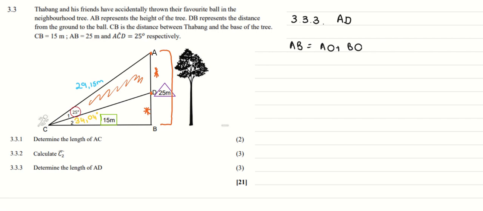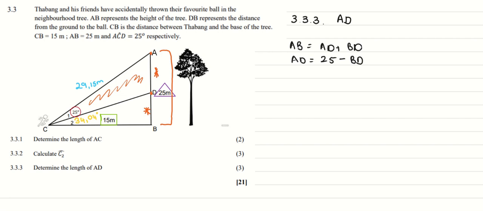Everything we just said, just written out. These are D's, not O's. And so for us to get AD, we need to take AB, which is our 25, and then we just have to subtract BD, right? That is our game plan here.